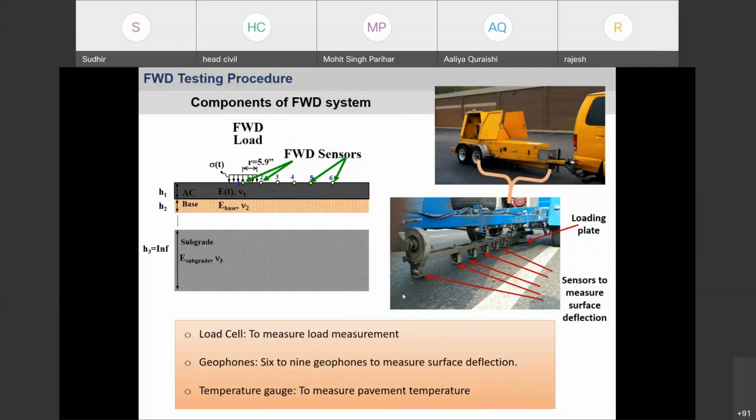As the load is being applied in the form of a pulse, deflections on the pavement surface are measured at several radial distances from the center of the loading plate. You can see here in this slide there are sensors which are measuring surface deflections, and there is a loading plate. The entire setup is towed by a vehicle, so the testing time is reduced and the traffic is not disrupted.